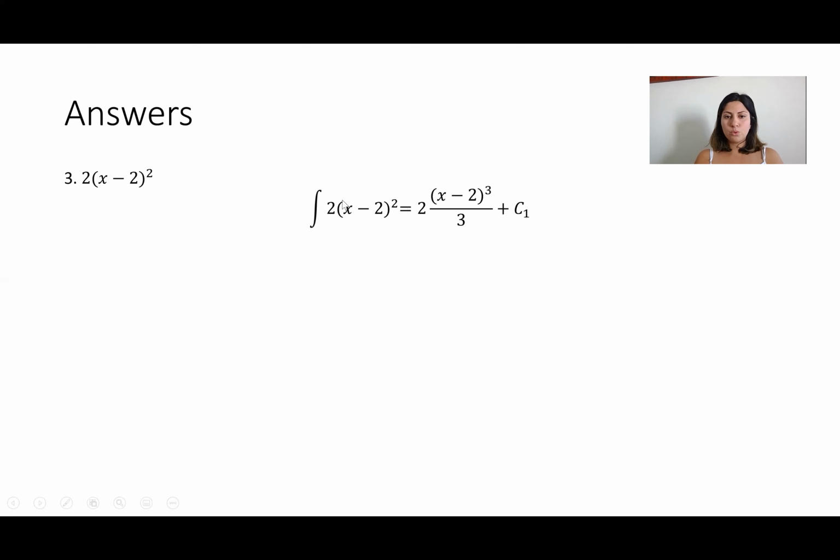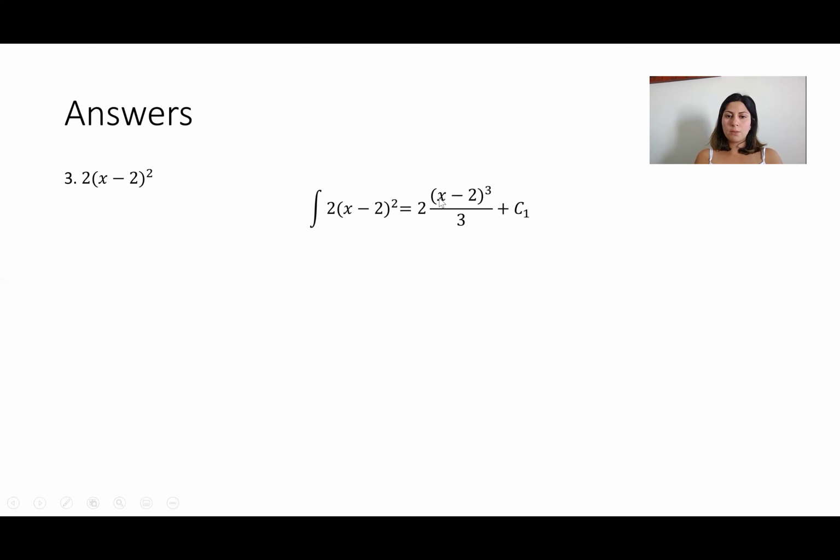So if you have 2 times x minus 2 squared, do not expand it. Just treat it as a single variable. You can consider this one is your variable, like assume y. So that would be 2 times y squared, for example, because we do not want to touch that bracket. Whatever inside that bracket, leave it alone.